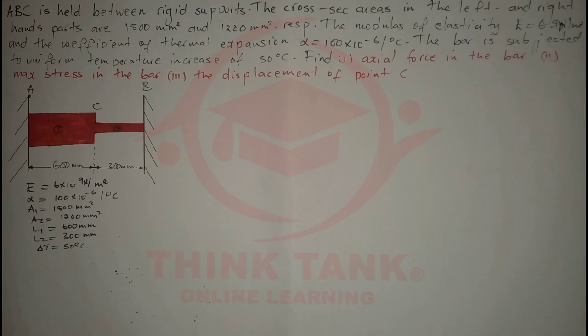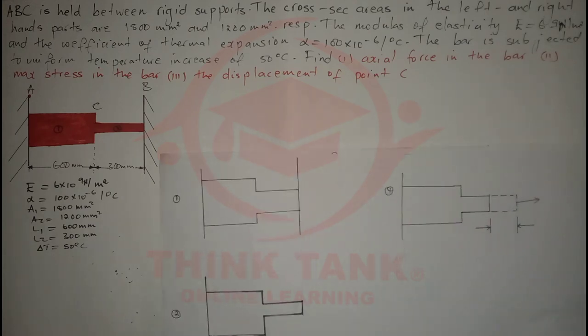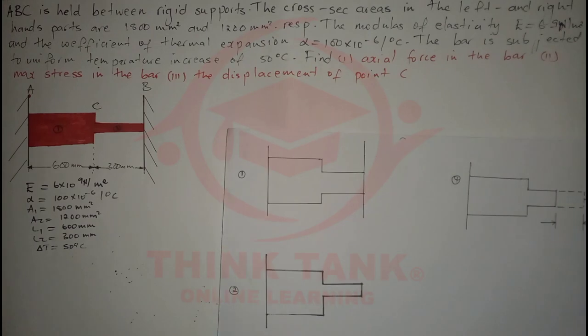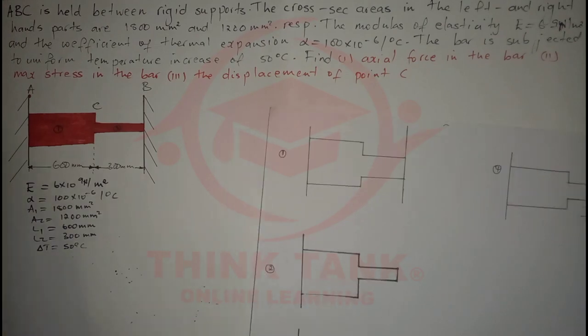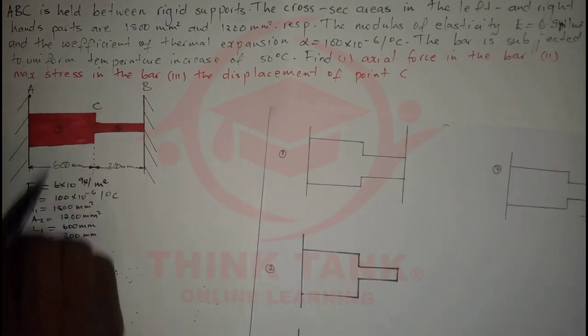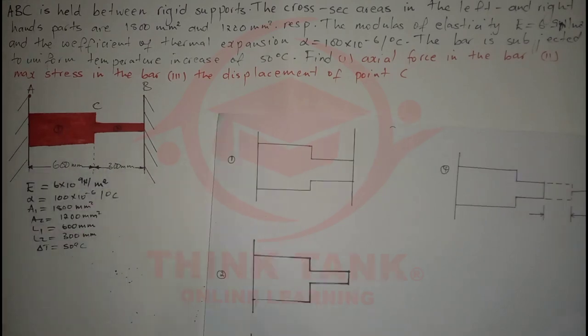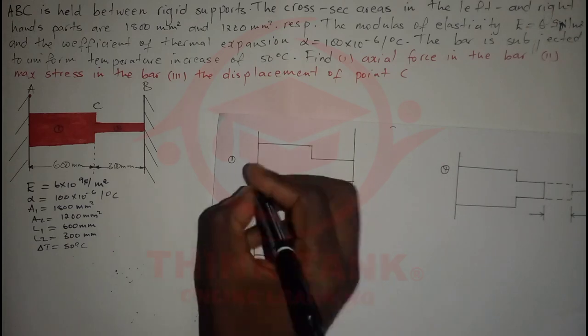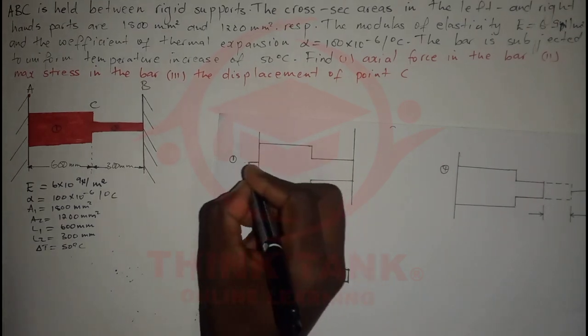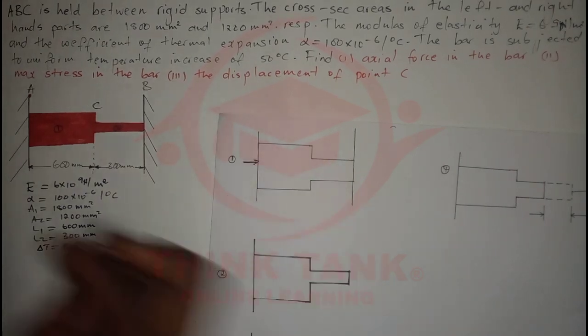So I'm going to draw a free body diagram first. We know that this bar is not moving, so that means there's some external force holding it. Since it's not moving, we're going to have a reaction, a force here which pushes it.